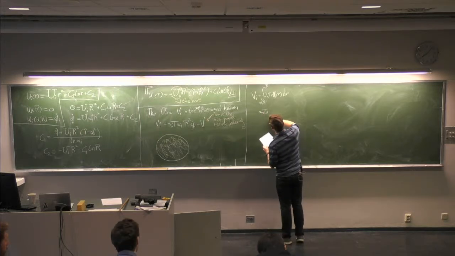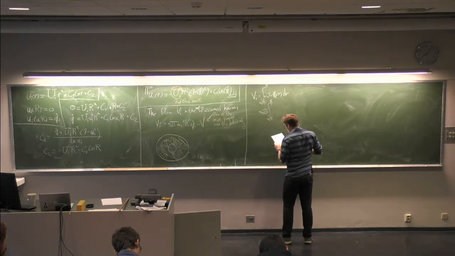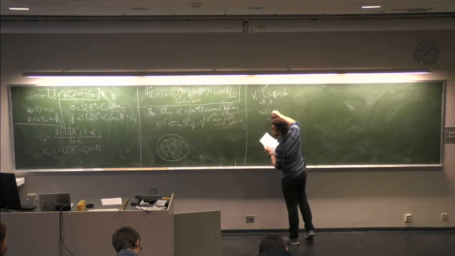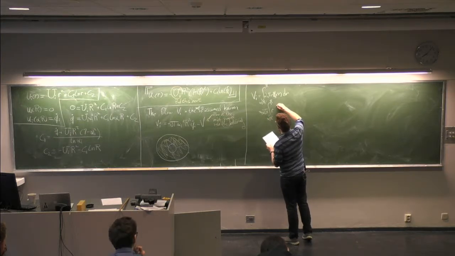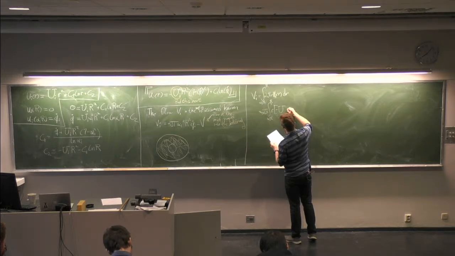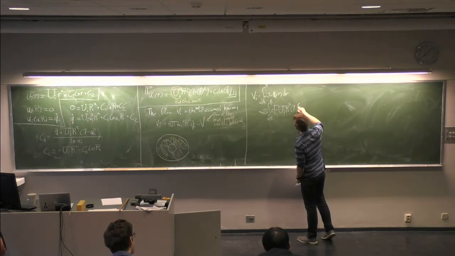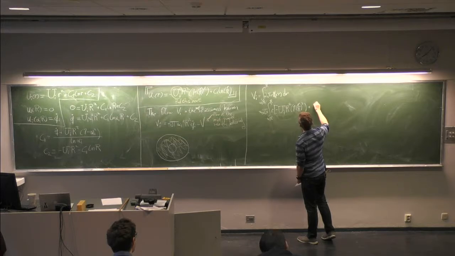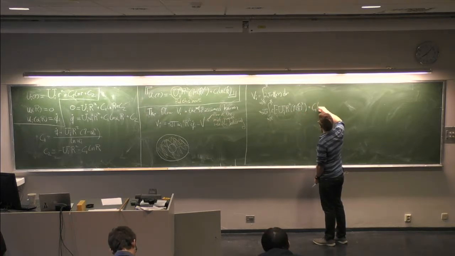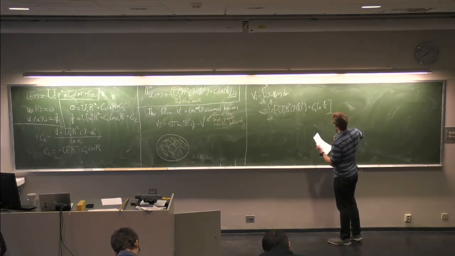U pi I r, r squared r over r squared plus 1 ln logarithm r over capital R, dr. No? R, yes, dr.